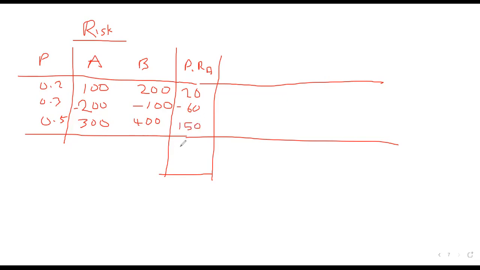So when we add up, we get 110. This is the expected return for asset A.